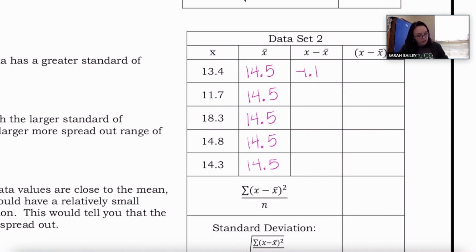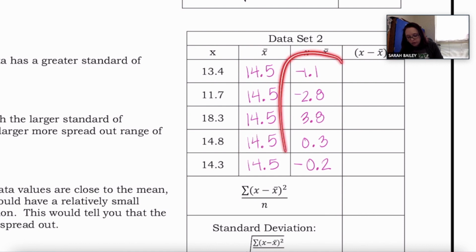Then 11.7 minus 14.5, and I get negative 2.8. Then 18.3 minus 14.5. Hold on, I typed in the wrong thing. There we go. And I get 3.8. Then 14.8 minus 14.5, 0.3. And 14.3 minus 14.5 is negative 0.2.